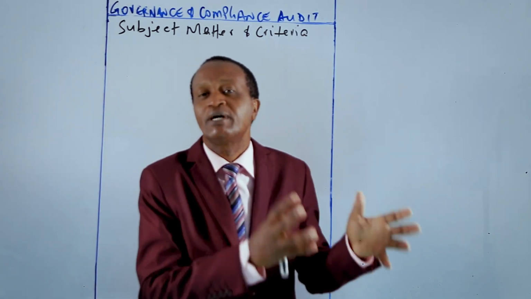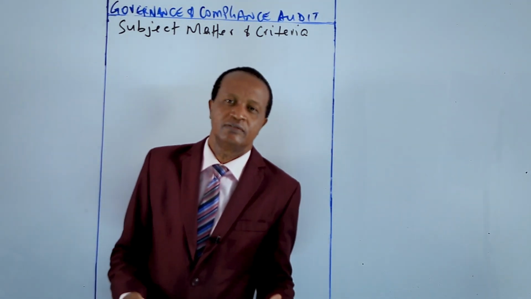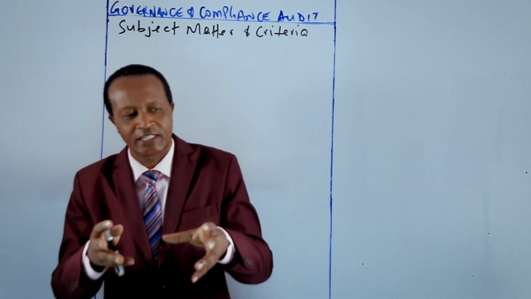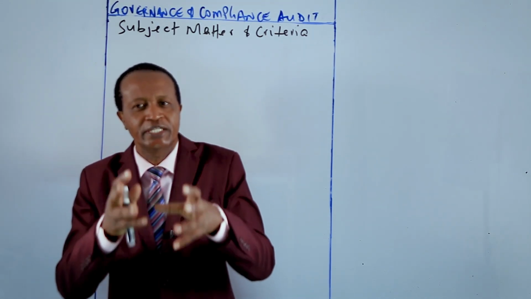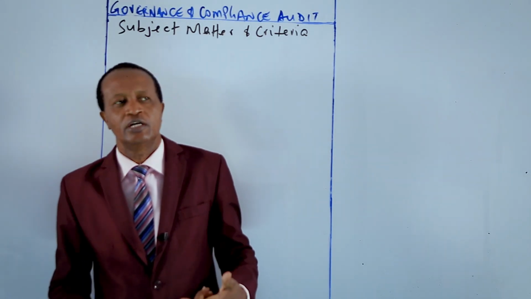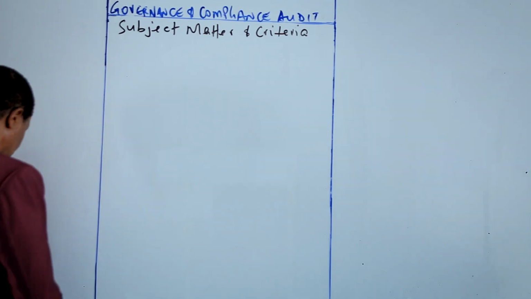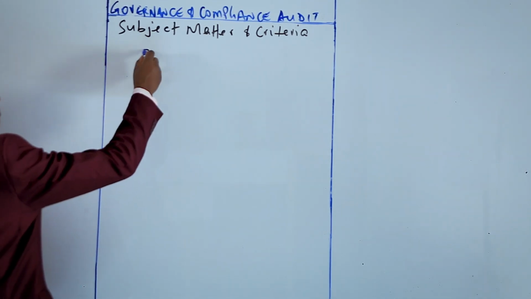That would be the subject matter, what is being examined. You understand? So the subject matter must be identifiable and capable of consistent evaluation. So that is the subject matter.